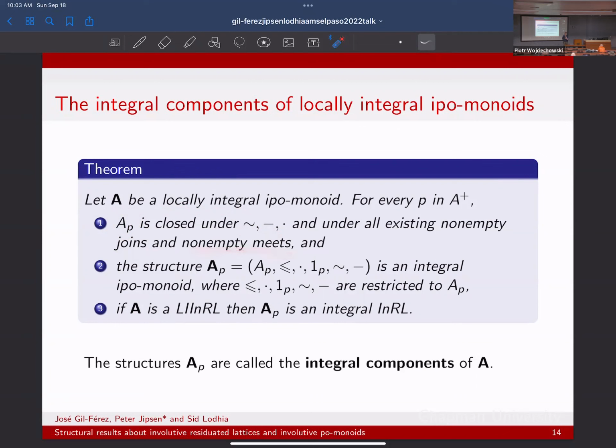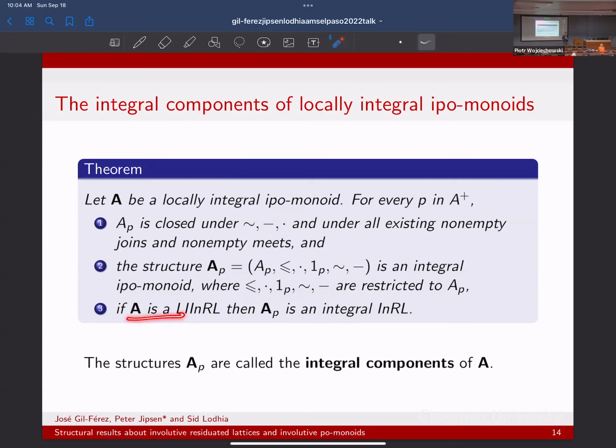And it's closed under non-empty meets if they exist. And it's also closed under multiplication. So of course it has an algebraic structure, and that's what this theorem is saying, that the structure of the set that we have isolated now is an integral IPO monoid, where these operations are the restrictions of the big algebra.